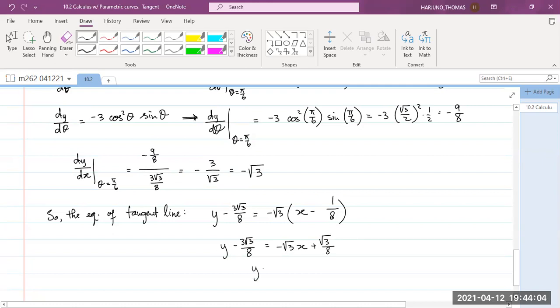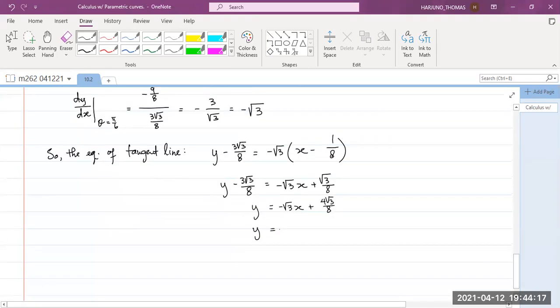So y equals negative radical 3 x plus 4 radical 3 over 8. Simplify. Okay, that's for number 6.